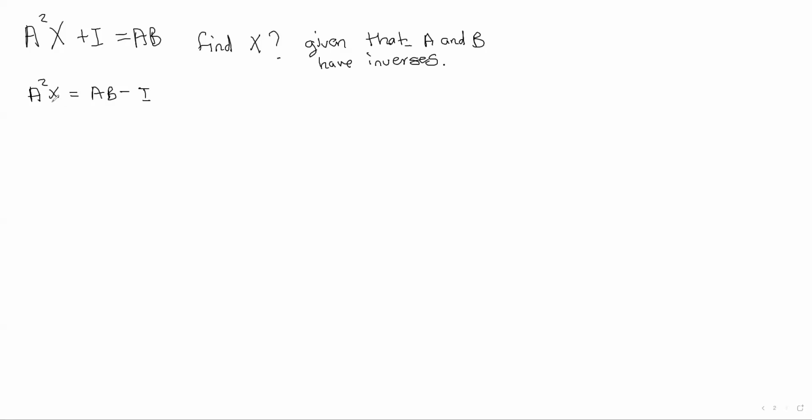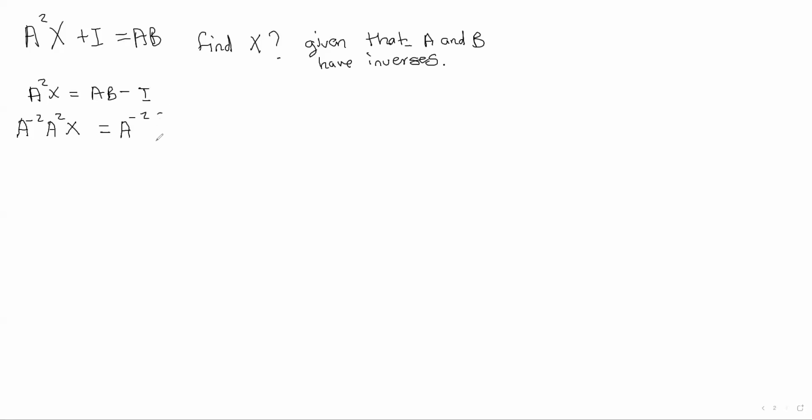And now, this is a very important step. You want to be left with X, so we need to remove this A squared. How can we remove A squared? We're going to multiply by A minus 2 on the left-hand side. And what you do on the left-hand side of an equation, you must also do on the right-hand side. But you must be careful where you put the A minus 2. In this case, I put it on the left, so I must also put it on the left here, not on the right.